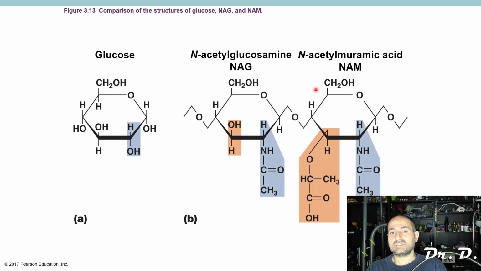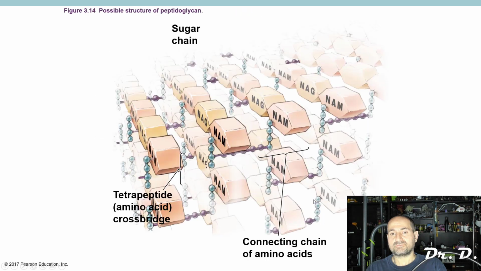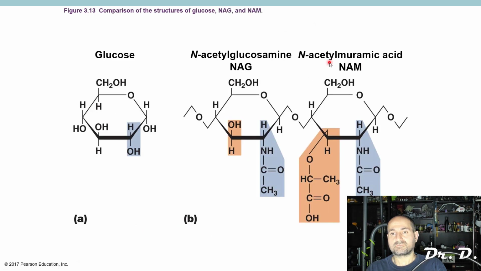Now, not only is peptidoglycan made of these two sugars, but also amino acids that are attached. You see, these are proteins that are attached. It's called a peptide chain, which is attached to the NAM, basically, N-acetylmuramic acid. NAM has a peptide chain attached.